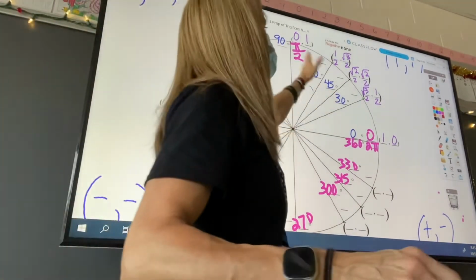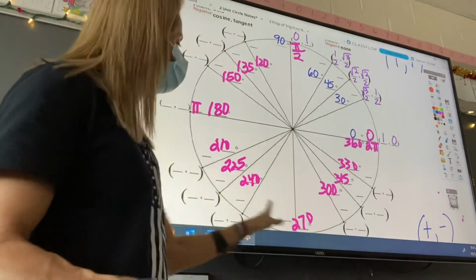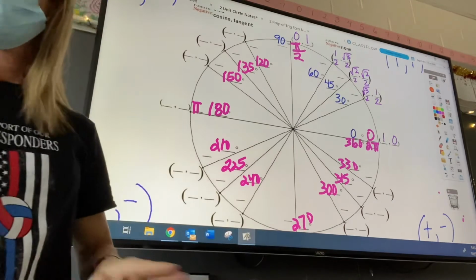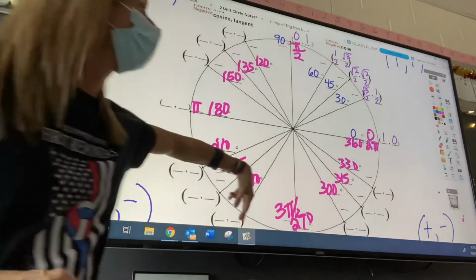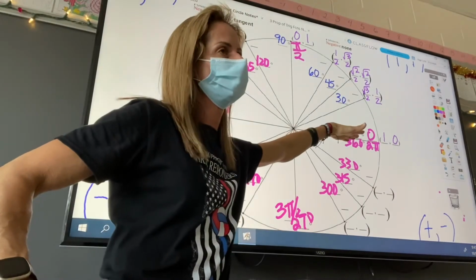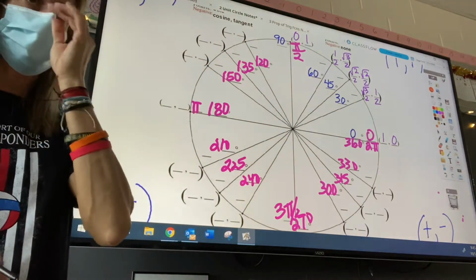So 1 pi over 2, 2 pi over 2, which is pi, 3 pi over 2, and then 4 pi over 2, which is just 2 pi. How are we doing with counting in halves?